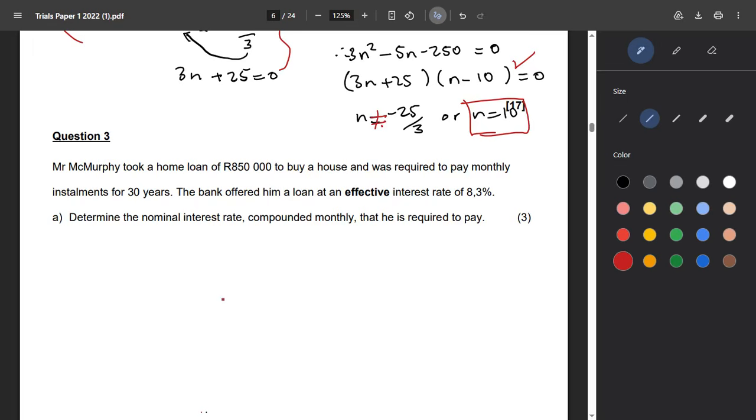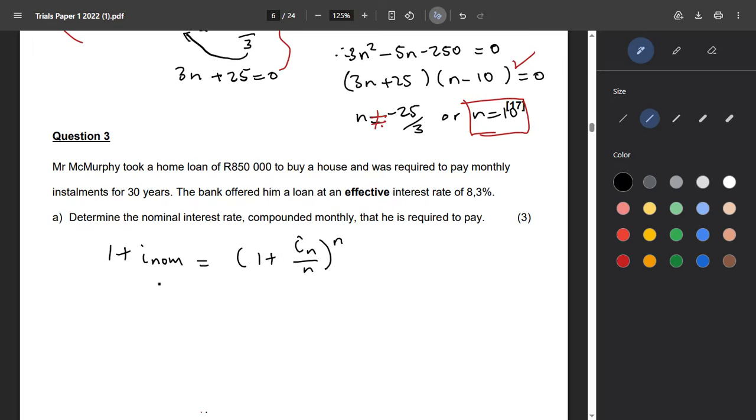So I think it's best if you first start by writing the formula down. So this will be 1 plus the i effective, then this is equated to 1 plus the i nominal over n, that's compounded monthly, right? Everything to the power n.